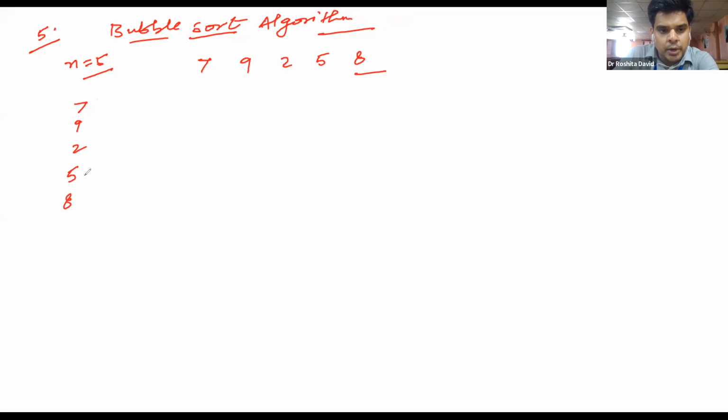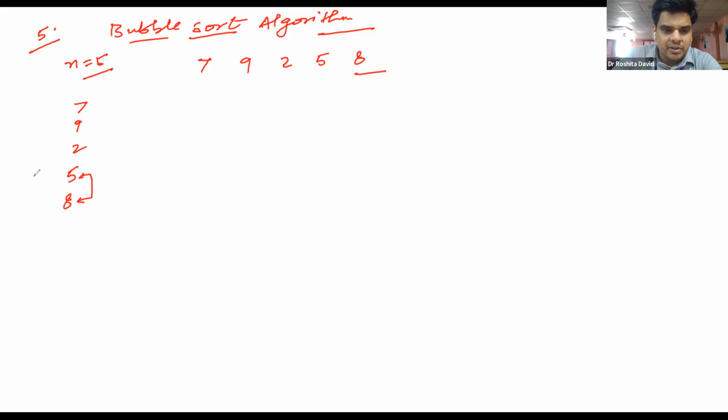You will compare two elements, starting from the last two, and whenever you want the smallest number on top. If the previous number is lesser than the next one, you will not swap. If the previous is greater than the next one, then only you will swap.